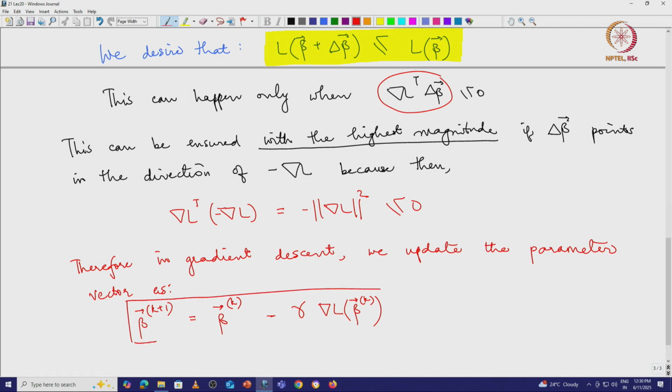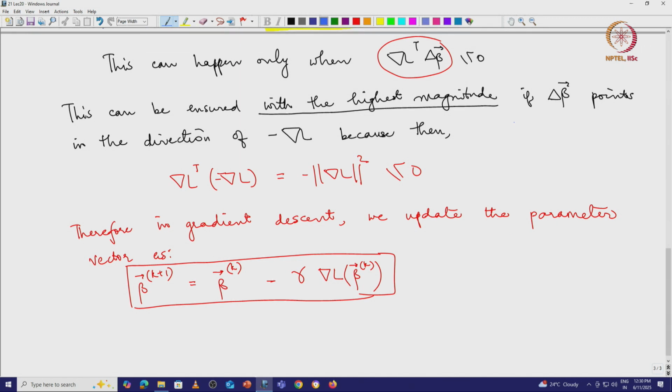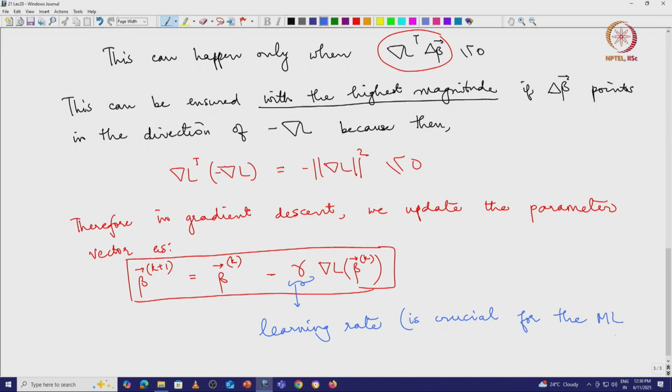This scaling factor is very important. This gamma is called the learning rate and is crucial for the ML model training process.